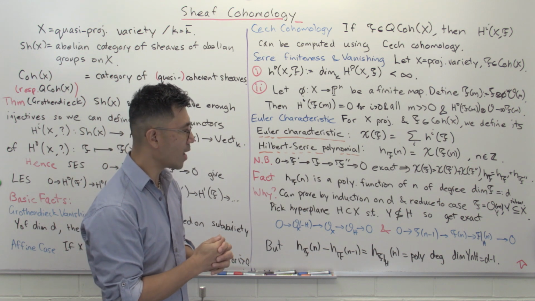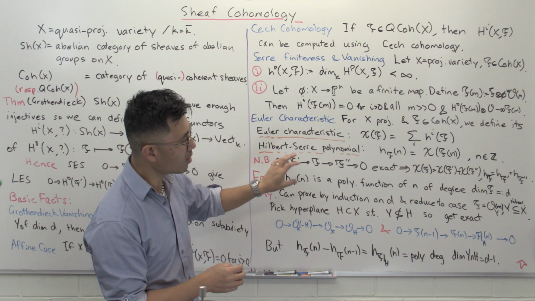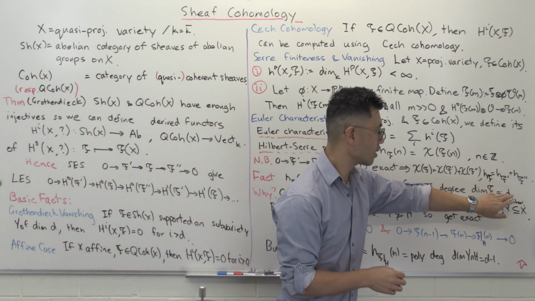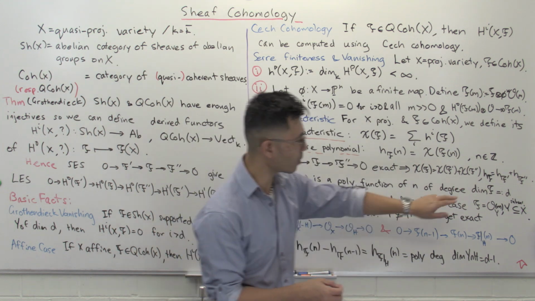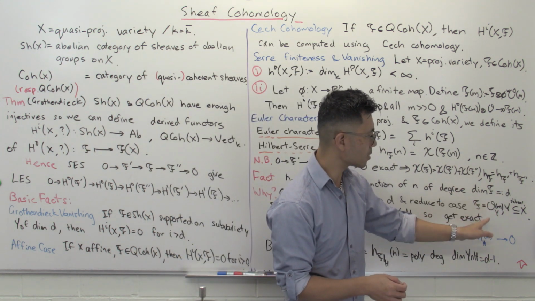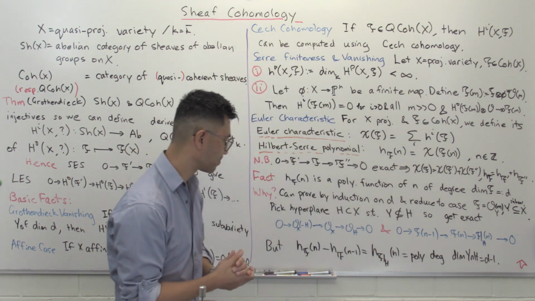So what are we going to do now to show that we get a polynomial, and that the degree of that polynomial is indeed the dimension of this F? We're assuming F has this form, the structure sheaf, maybe twisted by some number.